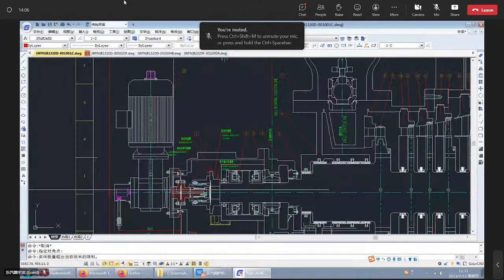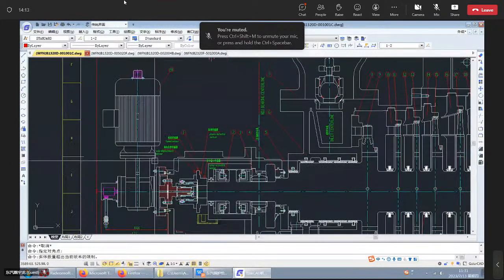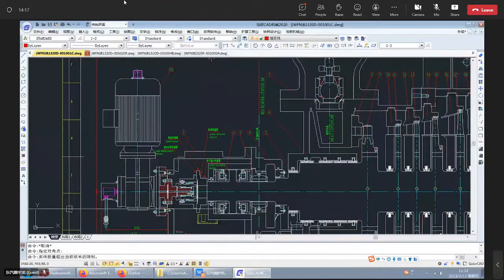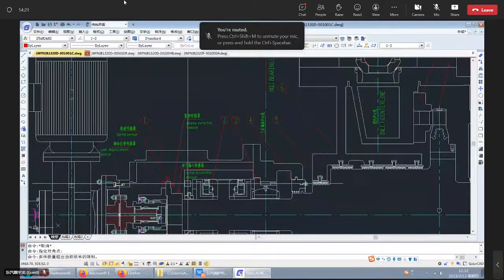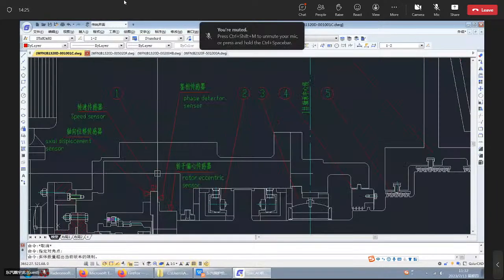As you can see, this section is the turning gear, and after the turning gear connection, this area is where all the sensors are arranged.